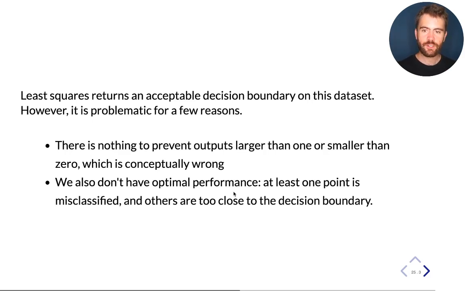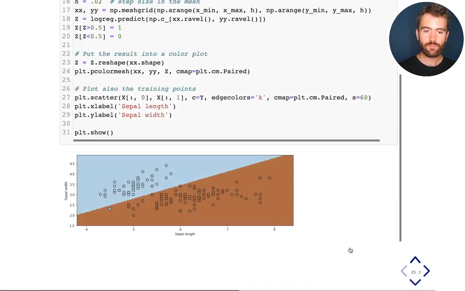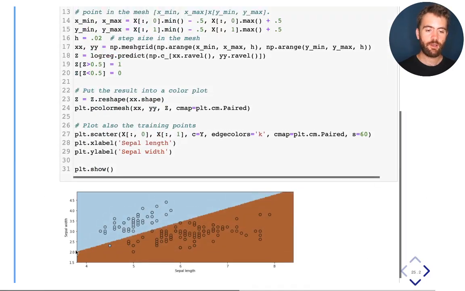And in practice, this approach doesn't give us the best possible performance. If you just look at this example here, we have a hyperplane which separates the two classes, but this point here is misclassified, and these 2 points are very close to the boundary. So this is not the optimal solution.